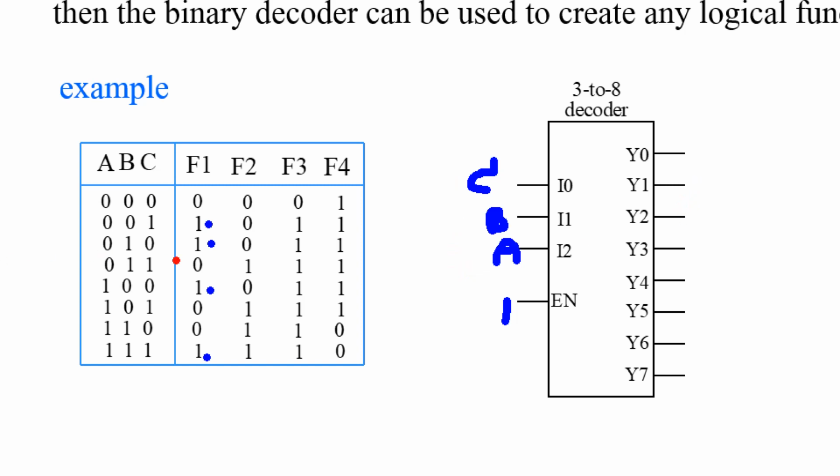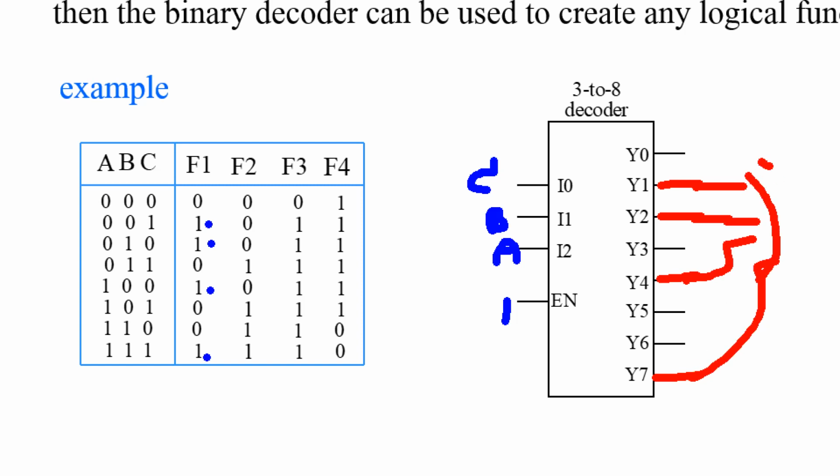And when you apply 0, 1, 0, output y2 will be 1. So you just bring this term, and y4, and for this one, y7, all together. Bring these 4 terms together, then you get function f1.